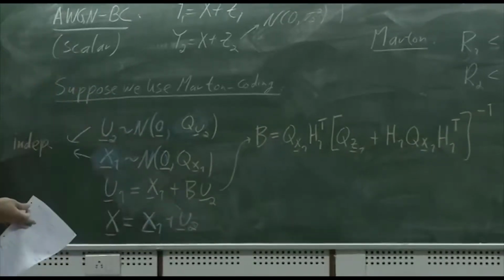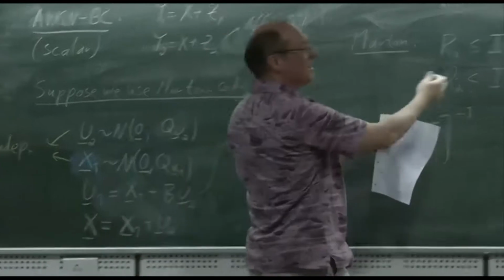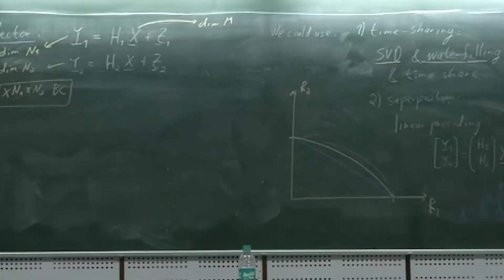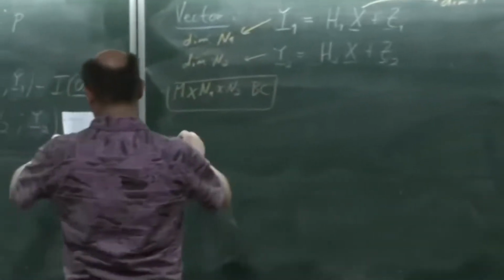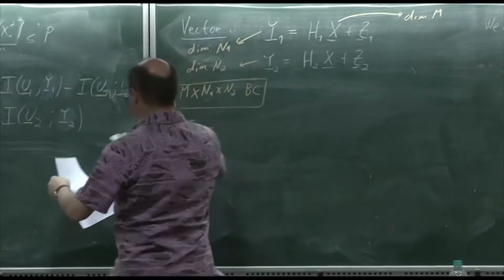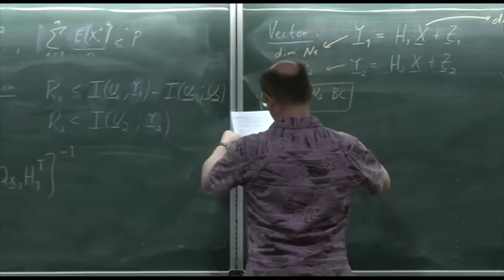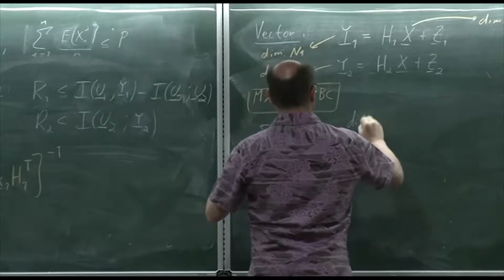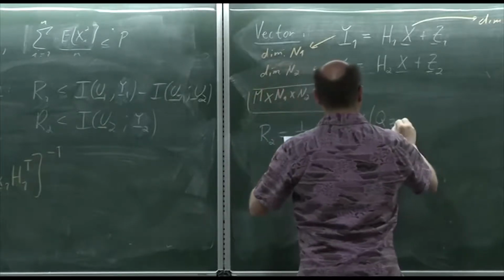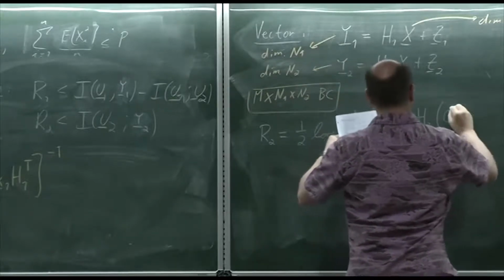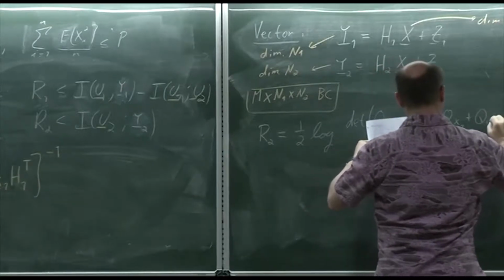Okay, and with that choice, we can compute these, and we get the following rate region that has the following form. And then we'll plot this. It's a little bit longer. Well, I think I can fit it in. So it turns out that the second one, R2, will become one half the logarithm of the determinant of the covariance matrix of Z2, that always has to appear, plus H2 qx1 plus qu2.